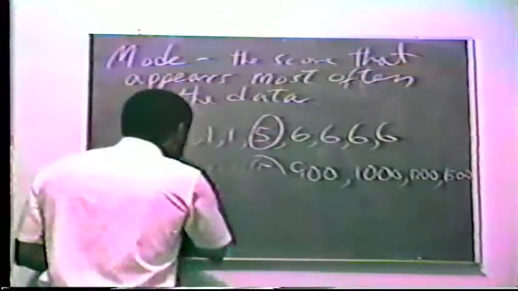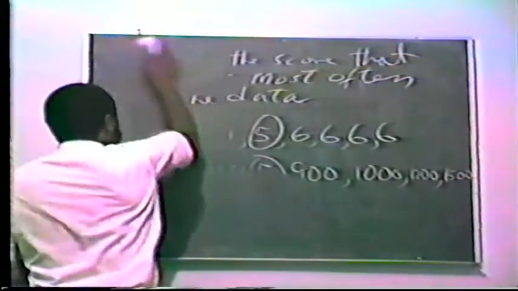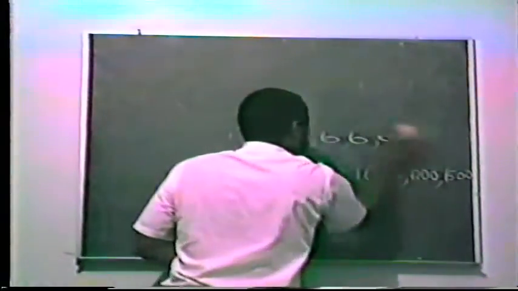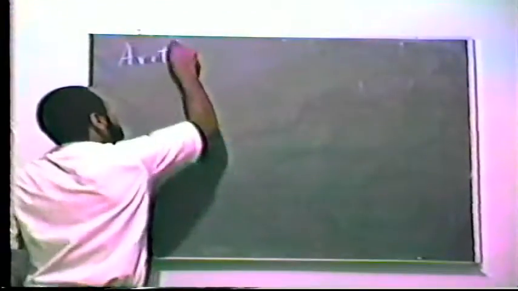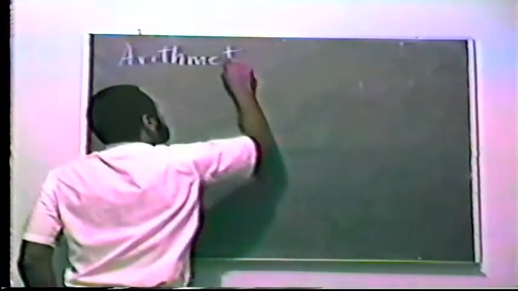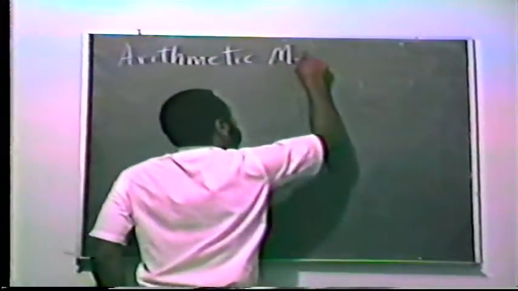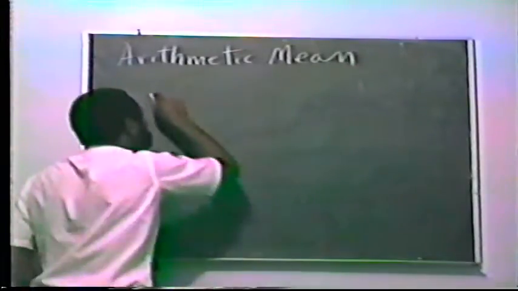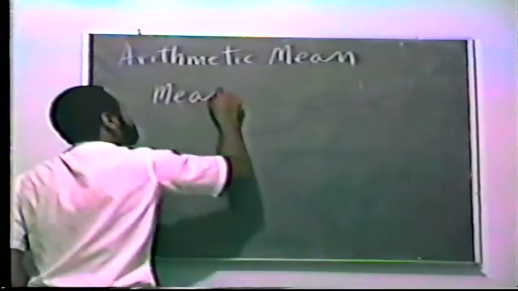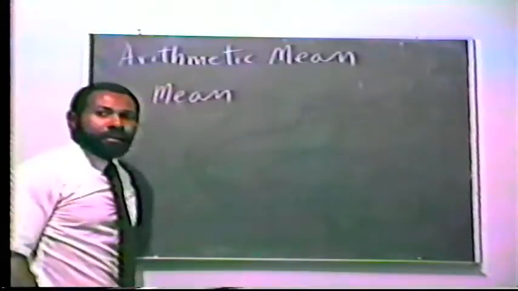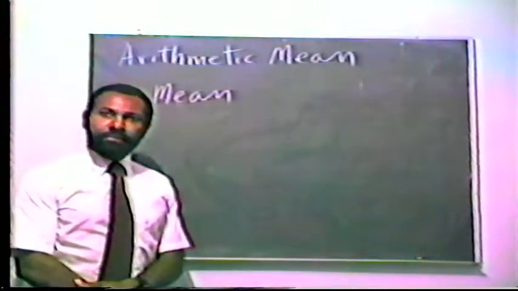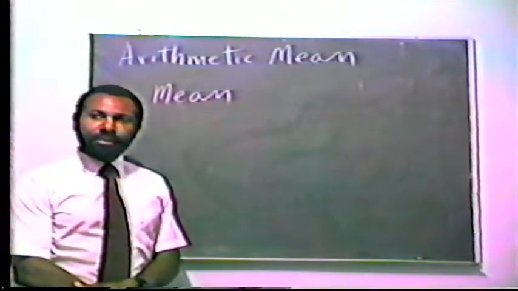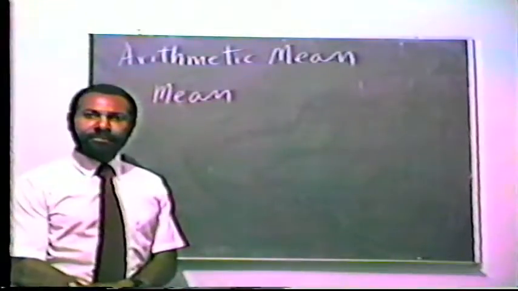The next measure of central tendency that we're going to discuss is what we call the mean, or is sometimes referred to as the arithmetic mean. For the arithmetic mean, we have a formula.